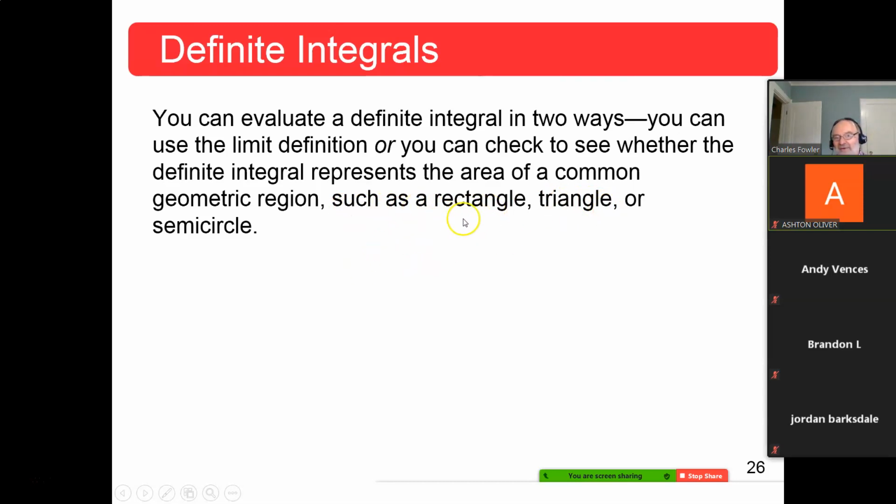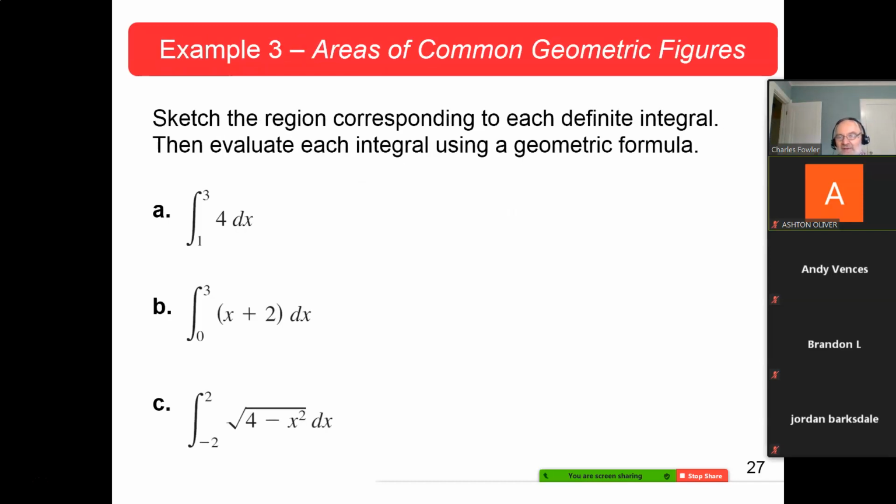Boo hiss, they still are going to have us do antiderivatives yet, okay? Because we know the area of a rectangle, we know the area of a triangle, we know the area of a semicircle. Okay? So, we can either do limit definition or see if it represents one of those common ones. Alright, so here is example 3. They're still not having us do what I'd like to do, but sketch the region corresponding to the definite integral, then evaluate each integral using a geometric formula.